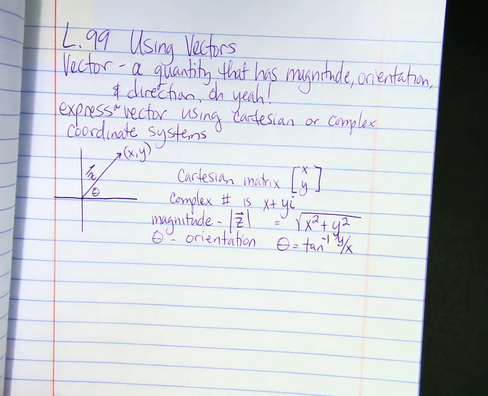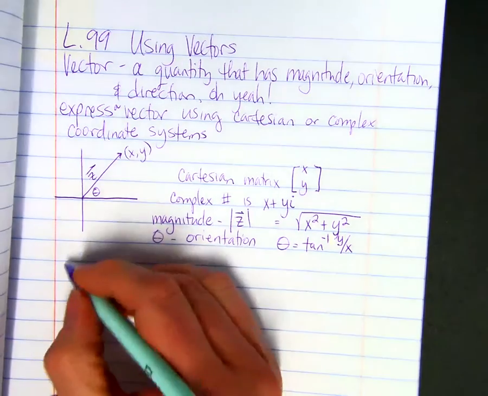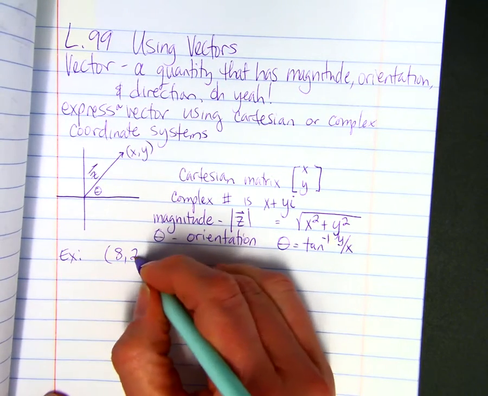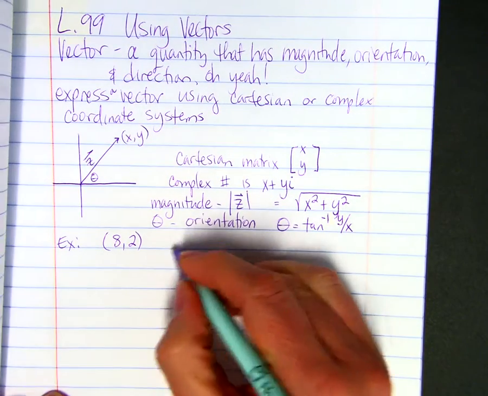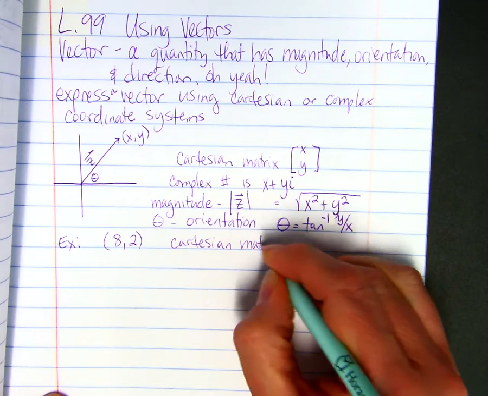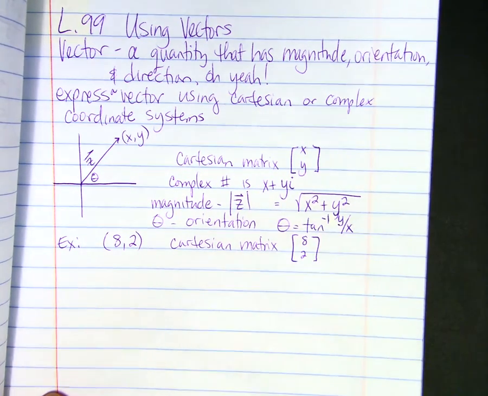So let's give you an example. We have terminal point 8, 2. We can do our Cartesian matrix. It's just x over y, so it's 8 over 2.